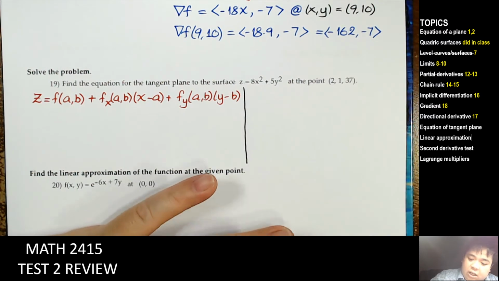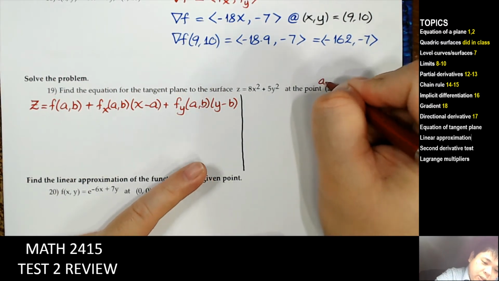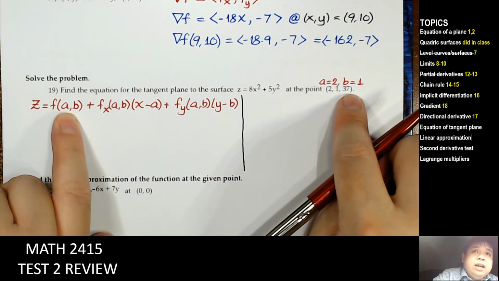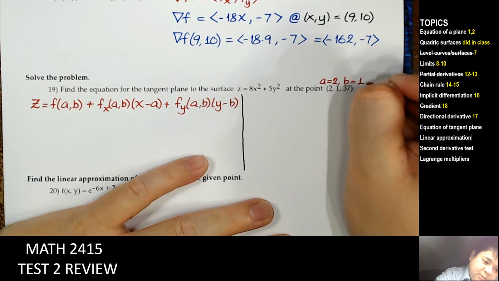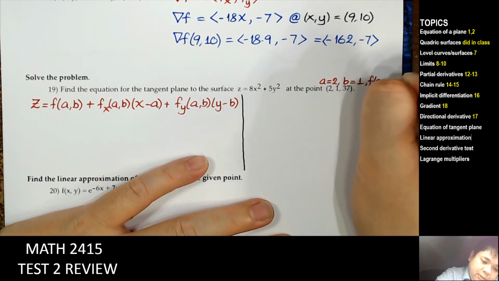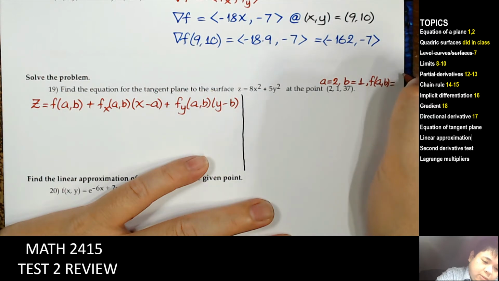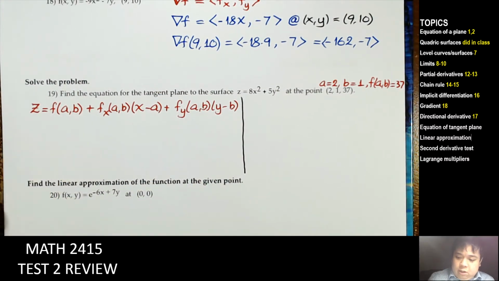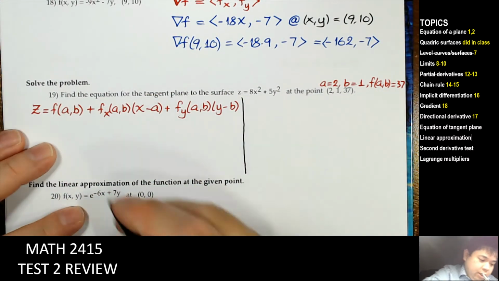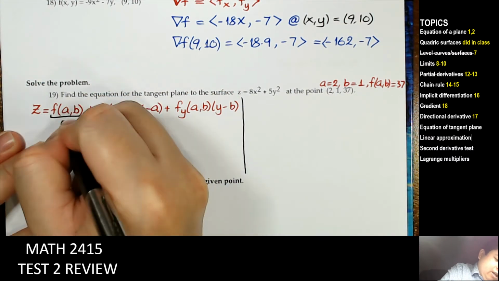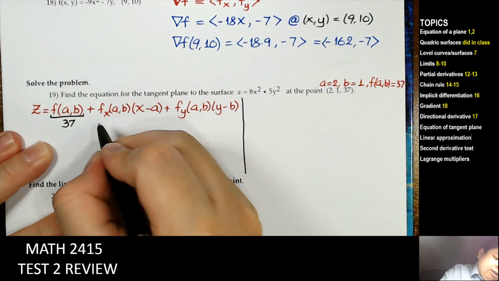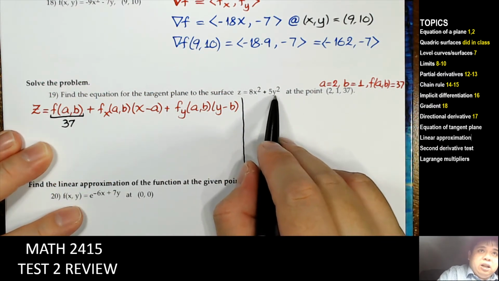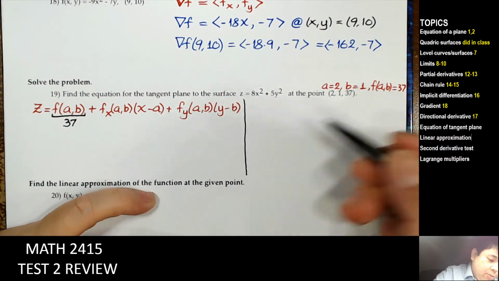The point is here, meaning that A is 2, B is 1, and the value of the function is 37. If it's not given, then we have to put 2 in for x and 1 for y to find the value. But it's there already.